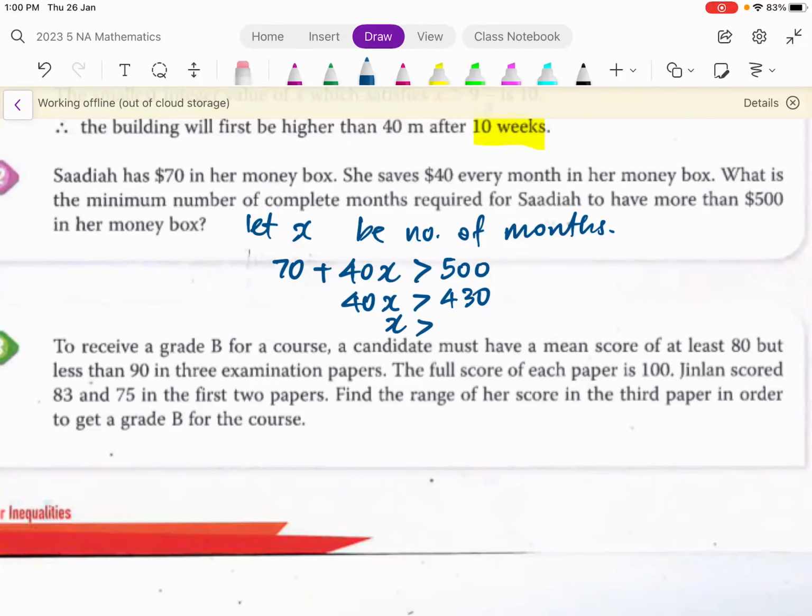X is more than what? 10 3/4, is it? Okay. So X is the number of months. The number of months is more than 10 3/4. Therefore, minimum number of months equals to 11.